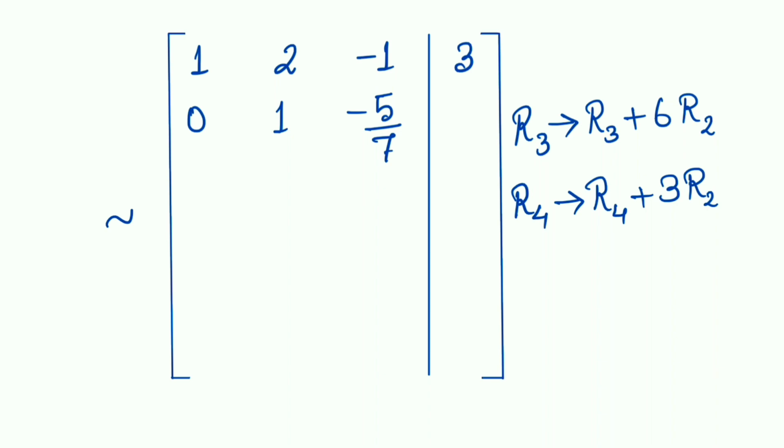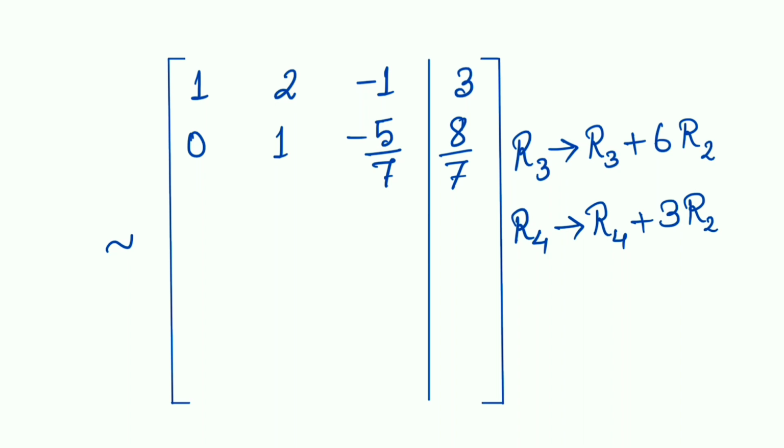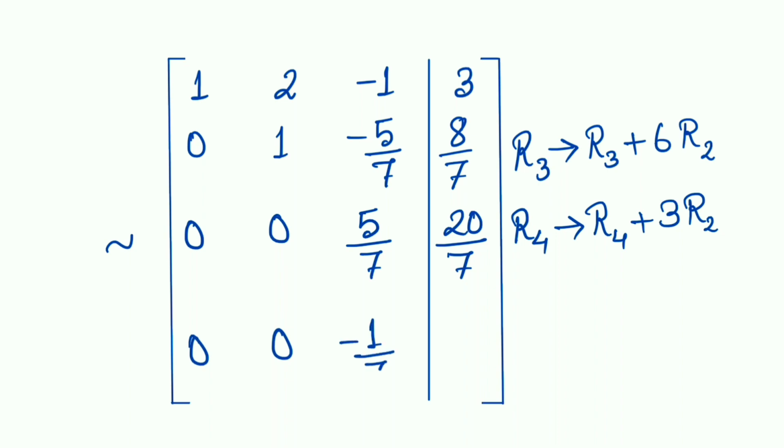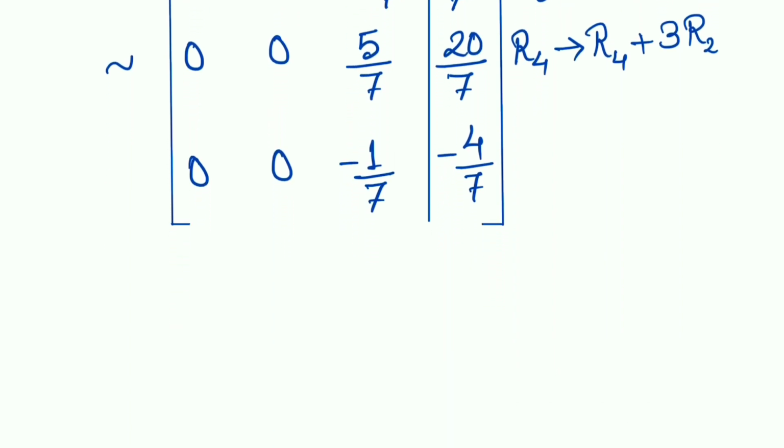The elements of row 3 will change to 0, 0, next becomes 5 by 7 and further 20 by 7. Similarly, after doing the operations, row 4 becomes 0, 0, minus 1 by 7 and minus 4 by 7. This completes the matrix in this step.